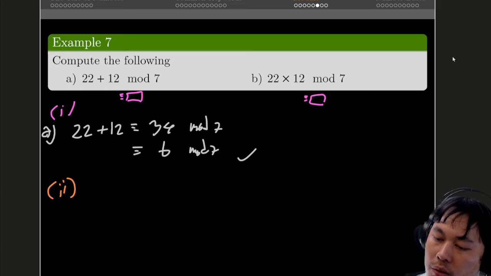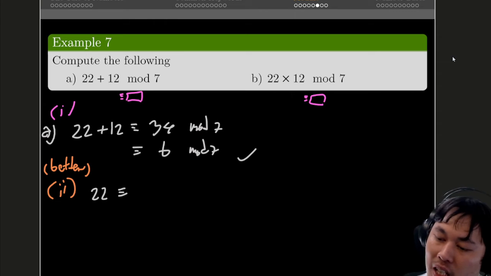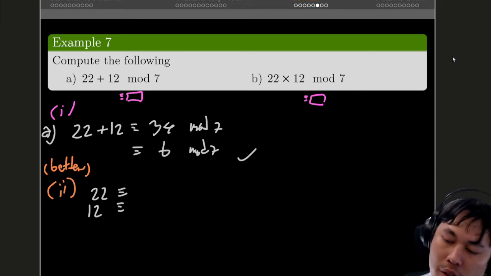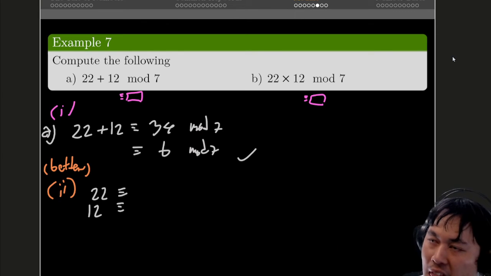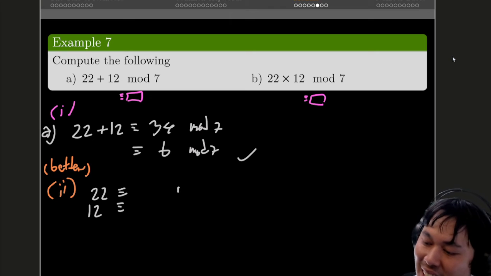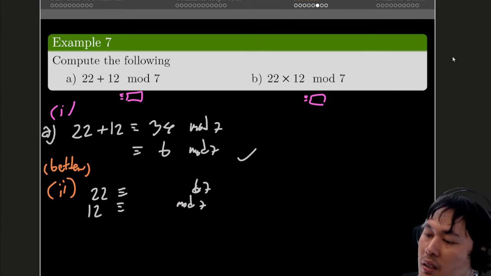Or the second way, which is usually a better way if you have large numbers. You start by saying, okay, what is 22? What is 12? These two are large numbers, at least they are larger than 7. And so maybe we can use smaller numbers to work with.